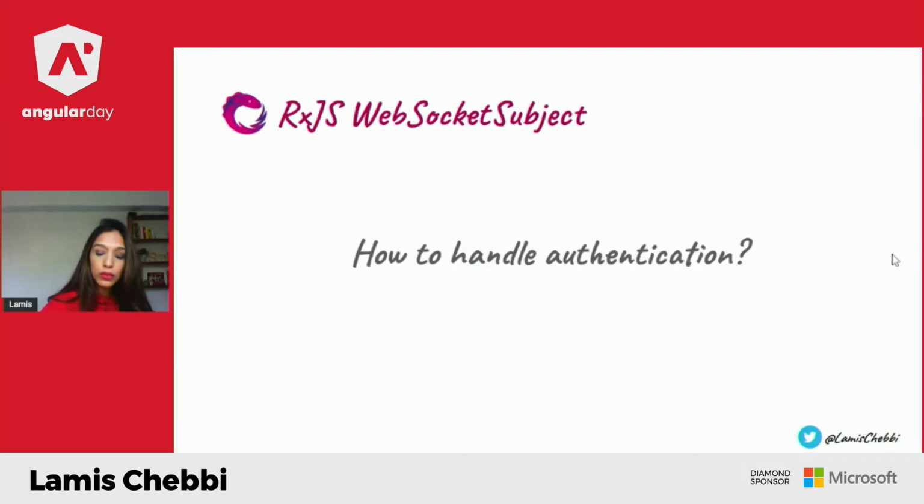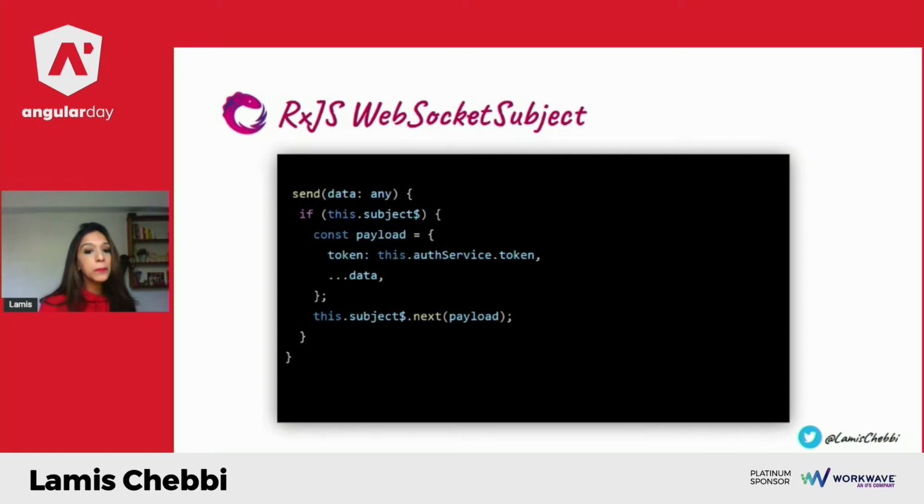Let's move to the other slide: how to handle authentication. Well, we know that with WebSockets it's not a regular HTTP request, so there is no built-in authentication. But you can manage authentication by providing a custom token and sending it in your payload.